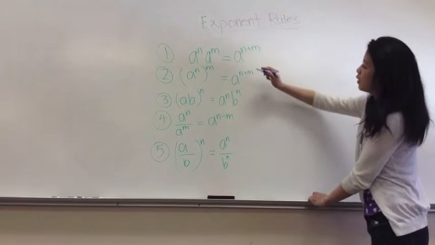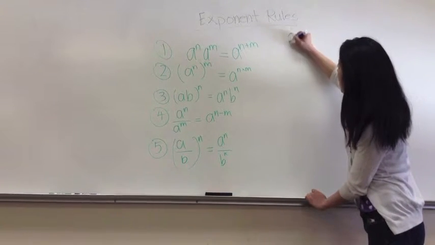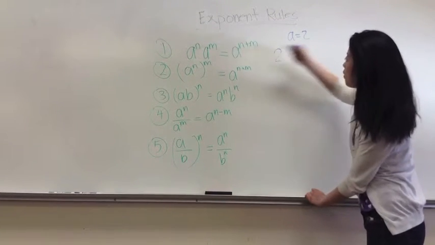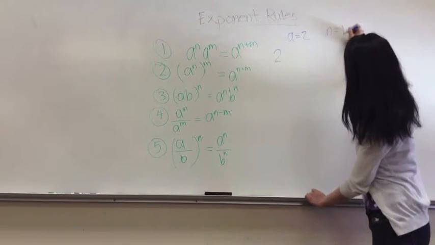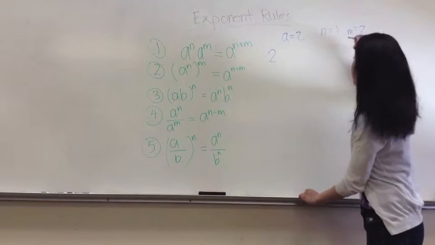So, for example, let's pretend we have the equation, let's say a equals 2. We'll have n equal maybe 1, and we'll have m equal 2 also.